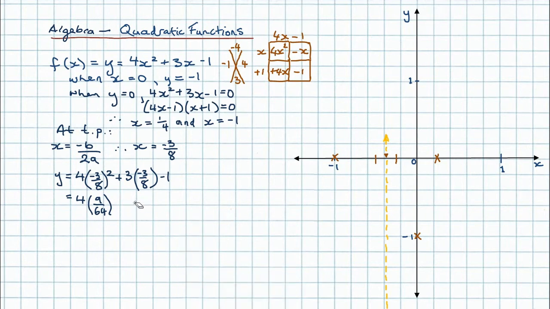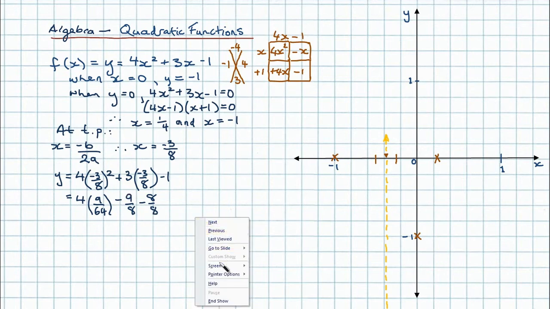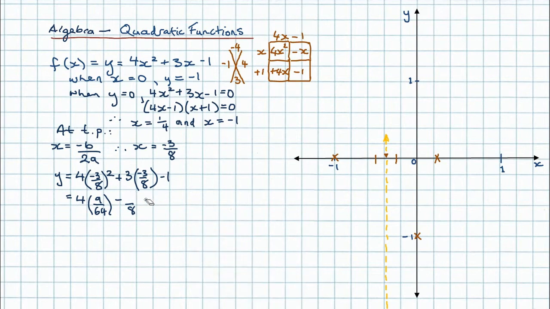So 3 times minus 3 is actually going to give us minus 9 eighths, and since we seem to be working in eighths, I'm going to say not minus 1, but minus 8/8, which in fact is going to make life a lot easier, isn't it? It's going to be minus 17/8. Why don't we do that now? So let's just erase that and put minus 17/8. Okay.